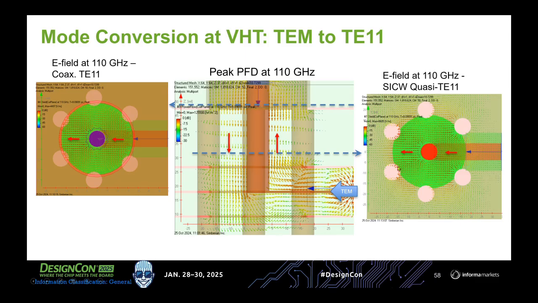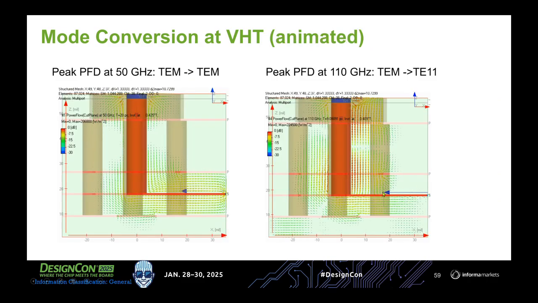So you cannot really overcome it in any way, and this is how it looks in kind of animation. You can see this power flow just at 50 gigahertz flow smoothly into the transmission line, but right here you can see that power flows back and forth in this area because it cannot get here.